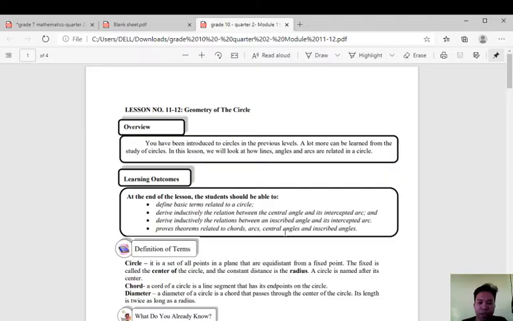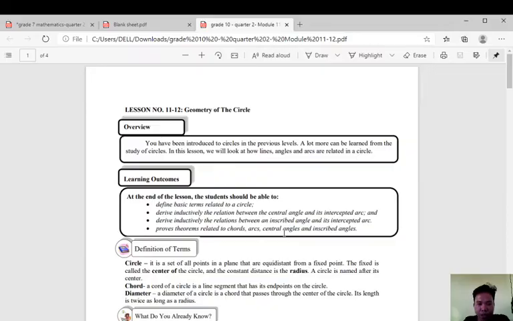But in this lesson, this is not just all about the area and the circumference or any term that you probably know about circles. So in geometry, we can learn more about circles.